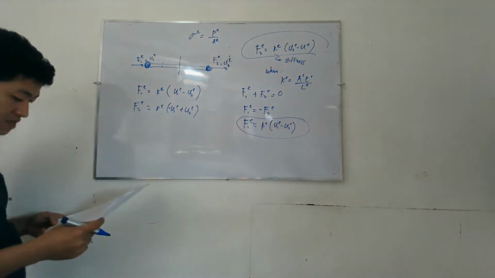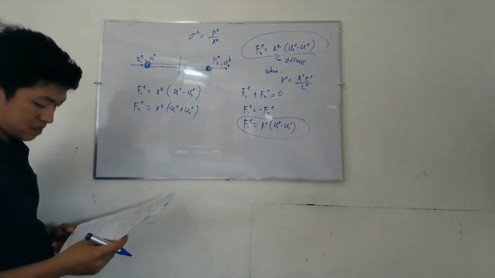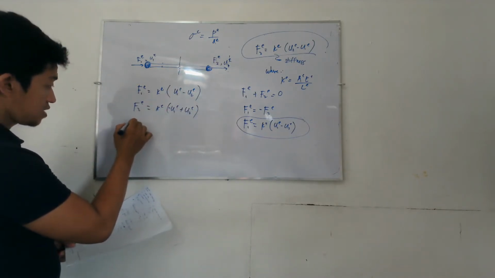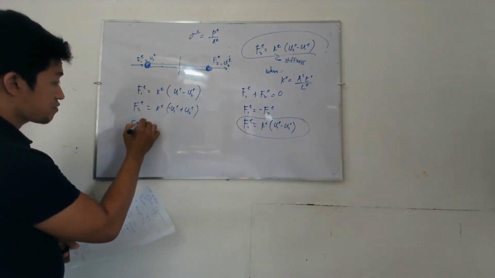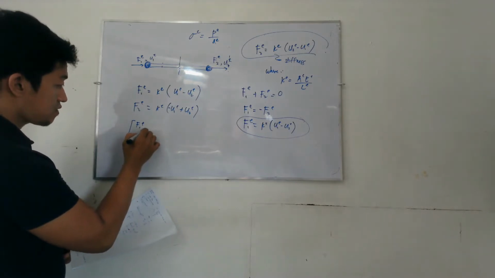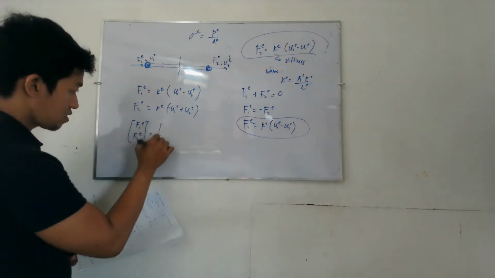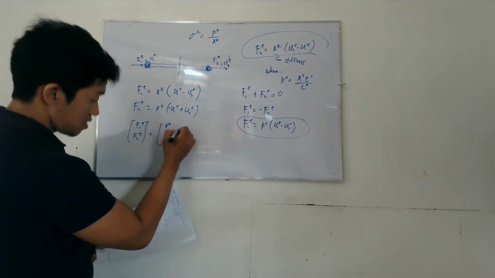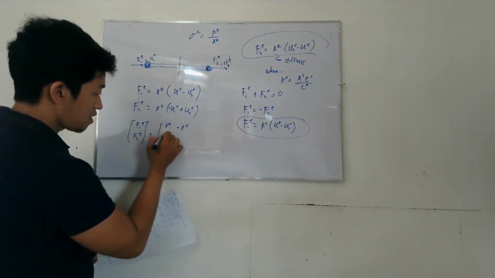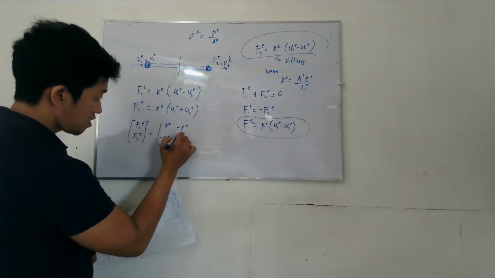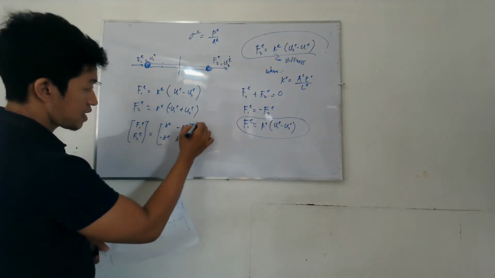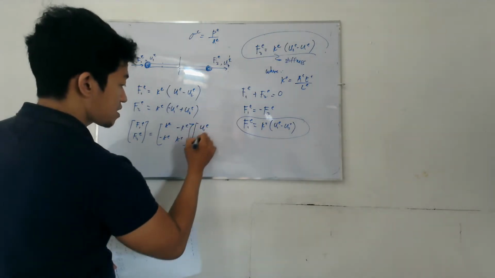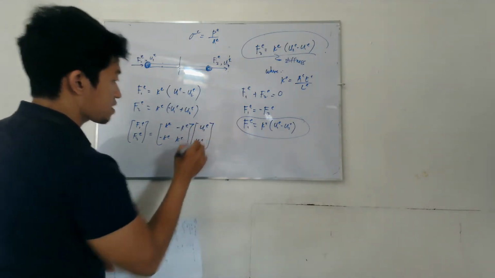Okay. So writing it in matrix form, F1E, F2E is equal to the matrix times the displacement. Okay.